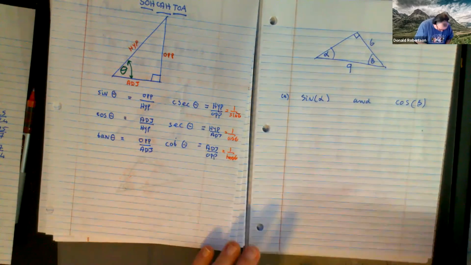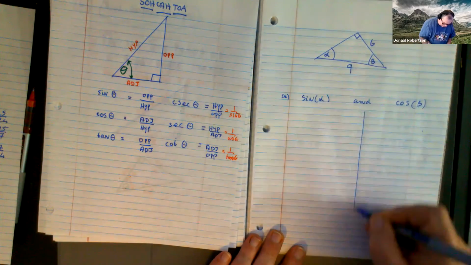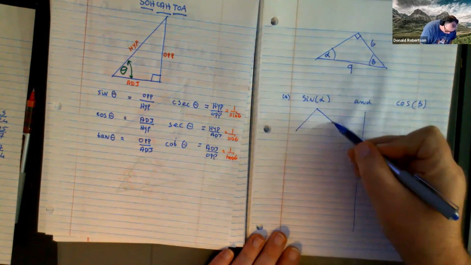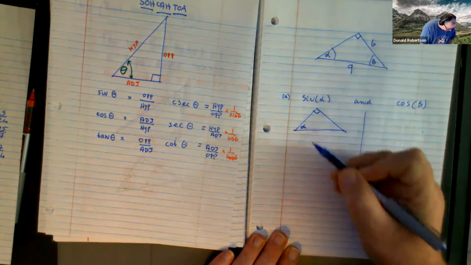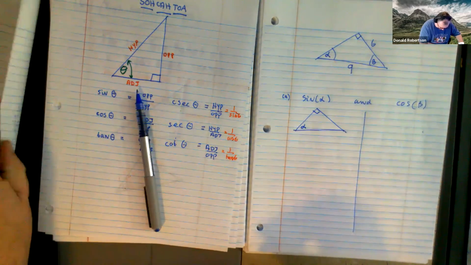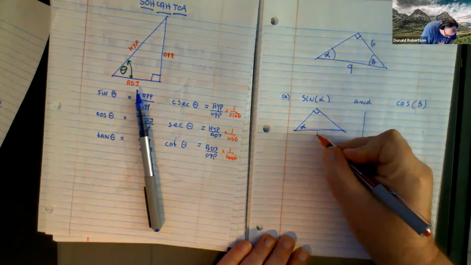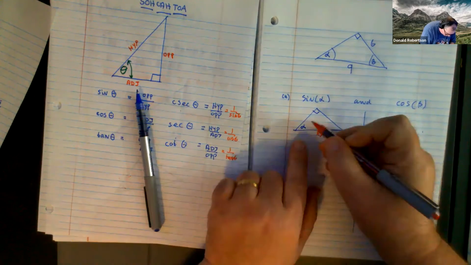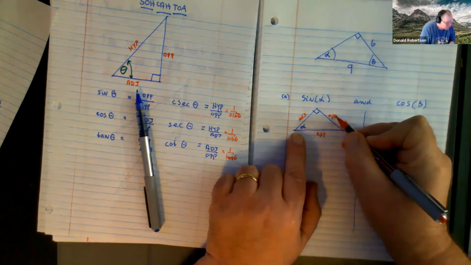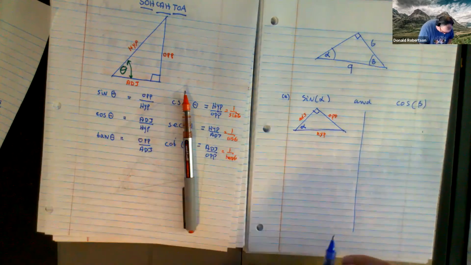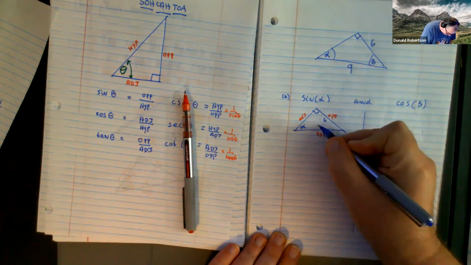Won't that kind of change? So if I do a little line down here, I wouldn't suggest you do this normally, but I'm going to do it right now. From angle alpha's perspective, won't this be the hypotenuse? Won't this be the adjacent? And won't this be the opposite? Great. And this number is 6, and this number is 9.